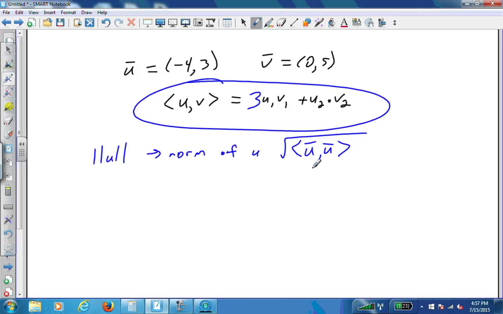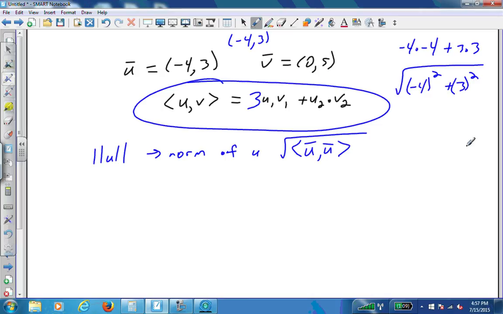So for a regular dot product, not this inner product, imagine finding the magnitude of this. You do -4 times itself, which is the first components times each other, plus the second components multiplied times each other, which is basically the Pythagorean theorem.